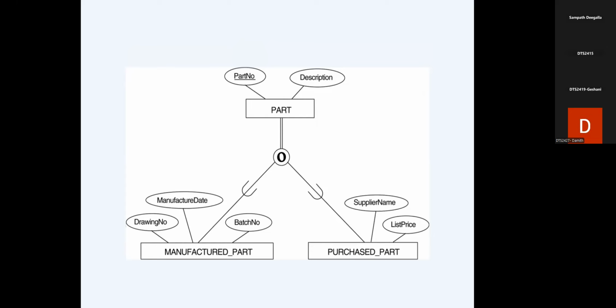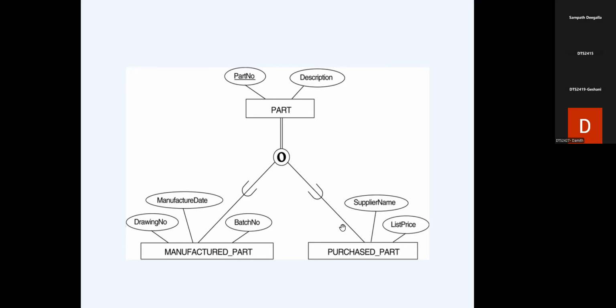In this particular case, if you compare with our previous diagram, you will see a slightly different symbol here. You see O, which indicates overlapping. What I mean by overlapping is when you take a particular instance here, it could be a manufactured part, a purchase part, or both. That's why it's called overlapping, right? It's overlapped.